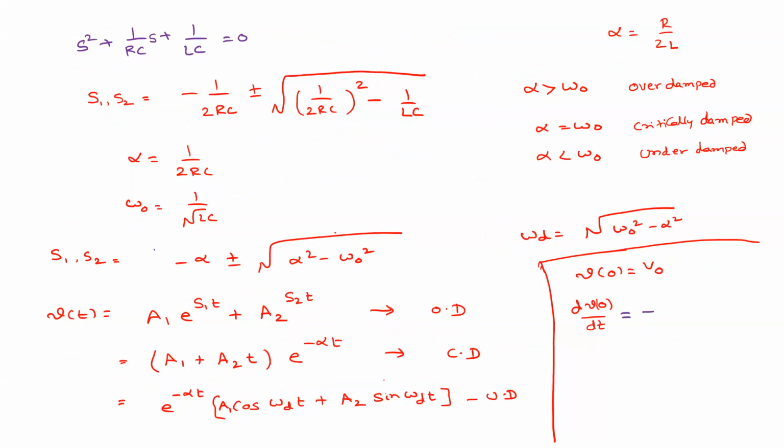Minus 1 by C into V of 0 by R plus I naught. Will it be the same? Yes, sir. Understood? So that is how we calculate dV of 0 by dt.